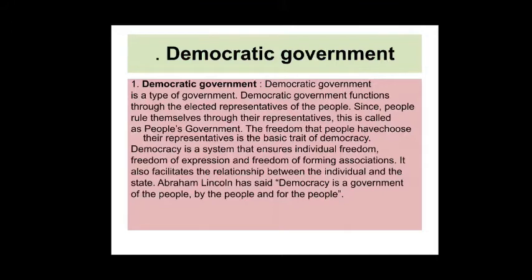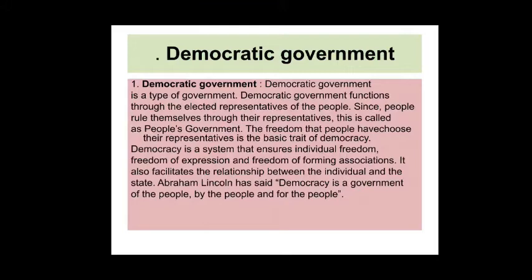Already we know what is democracy, democratic government. People only can select our representative. All the power is in the hands of the people. Democratic government is a type of government that functions through the elected representatives of the people.